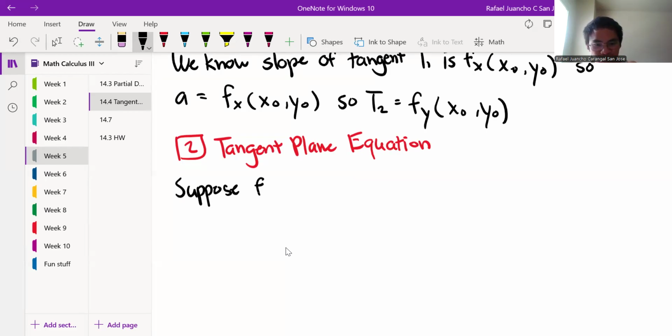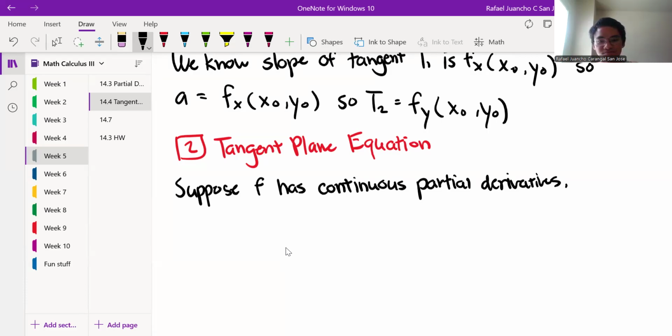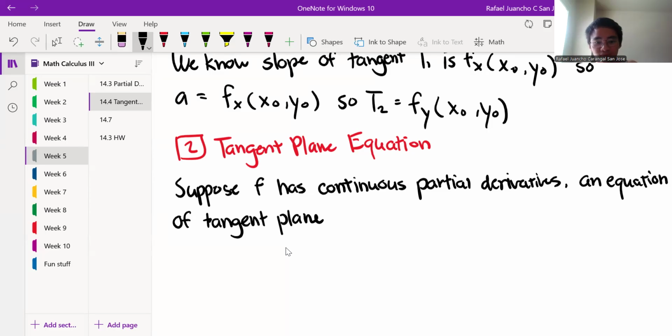Okay, let me do a scenario. Let's say f has continuous partials. That's our assumption, right? And from there, an equation of the tangent plane to the point on the surface.